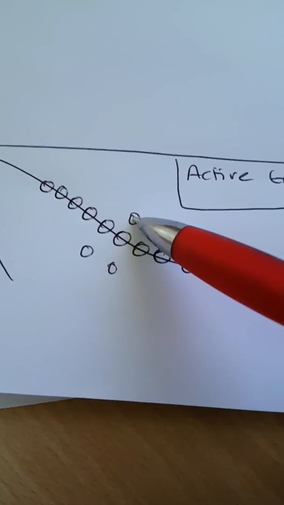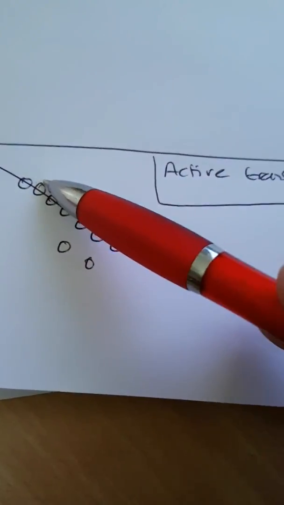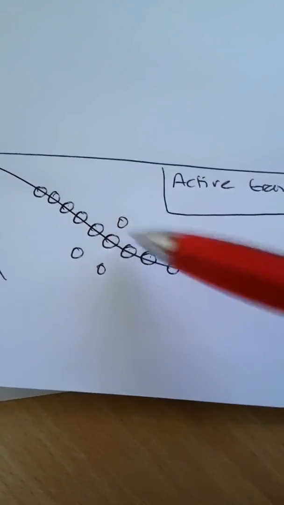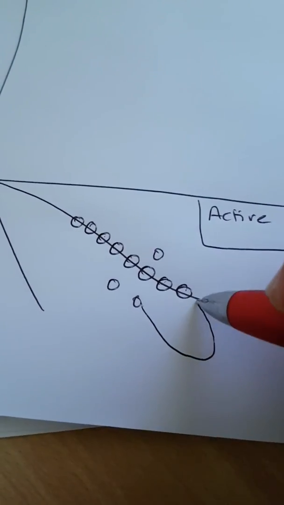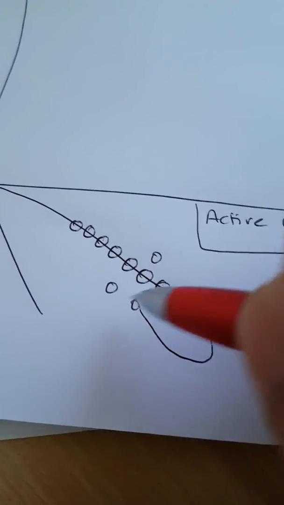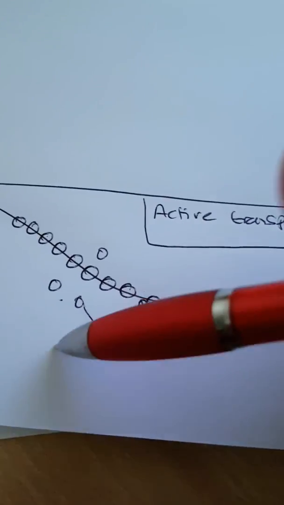Now there are more nitrates found within the root and less within the soil. So in order for the nitrates to go from the soil into the roots, it goes from low concentration to high concentration. Now when it goes from low concentration to high concentration, it requires energy.